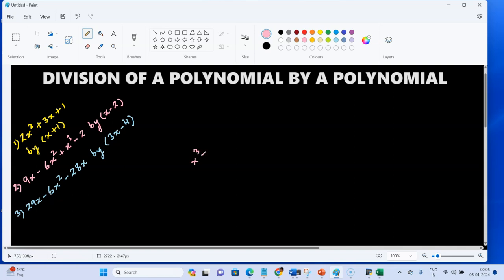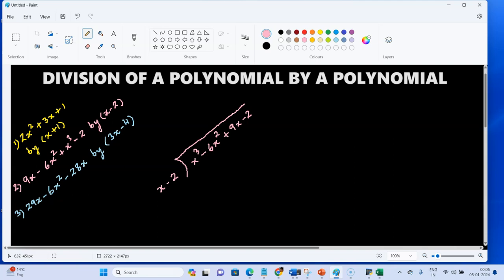After that, we have minus 6x squared. Please be very careful while putting up the signs, okay? Now, plus 9x minus 2, okay? Now, this will be divided by x minus 2.